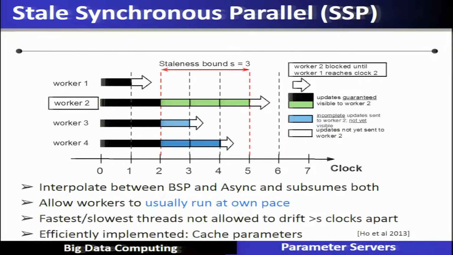Black means updates are guaranteed, green means it is visible to worker 2, and blue indicates that it is incomplete, meaning incomplete updates are sent to worker 2, and not yet visible means updates not yet sent to worker 2. So this is how the slots are divided, and the staleness bound s equal to 3 is calculated.